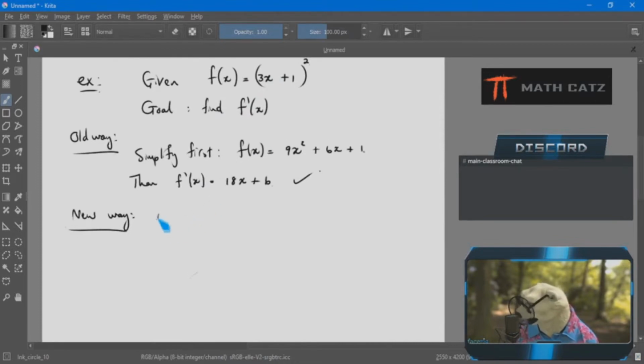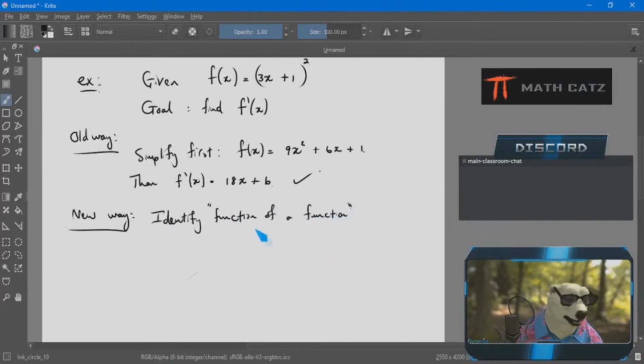So let's say here, identify function of a function property or whatever. It's a composition of two functions. And that means I want to know what is my, it really doesn't matter. I think we wrote it the other way around. No, we started with the inside function.